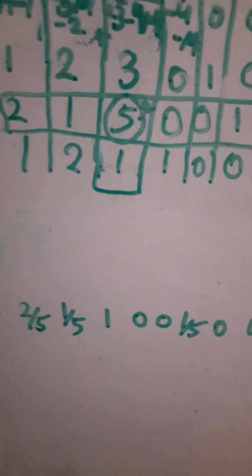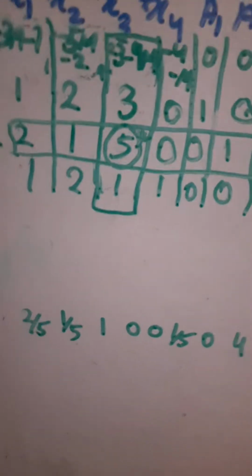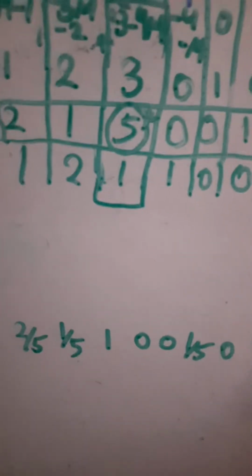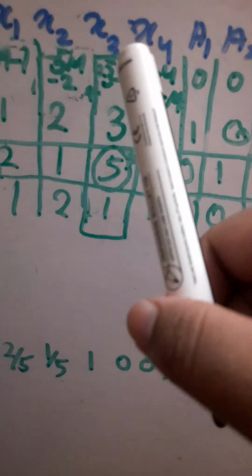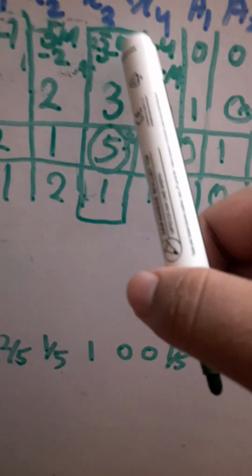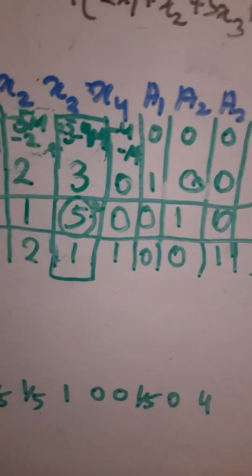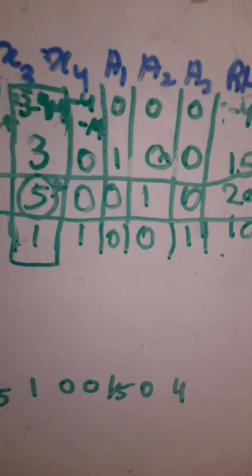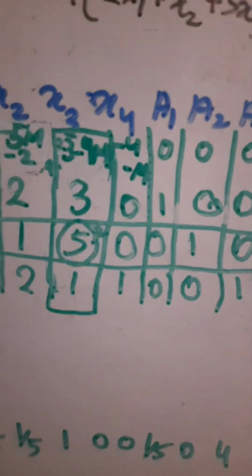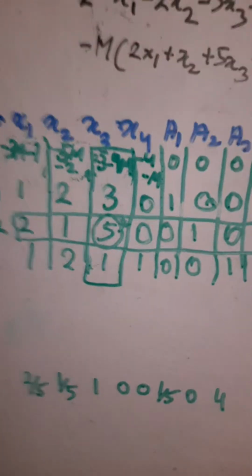Now using this new row made by the key row, we have to do row transformation so that the other elements of the key column in every row become 0, obviously except the key element 1, so that we get a unitary matrix.